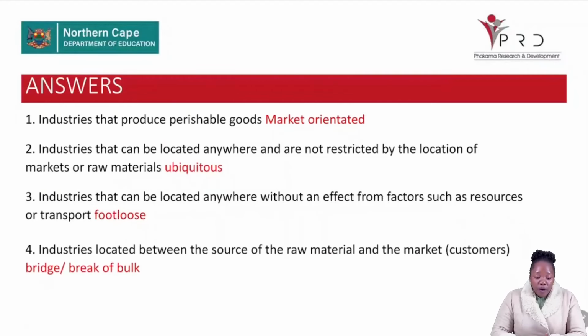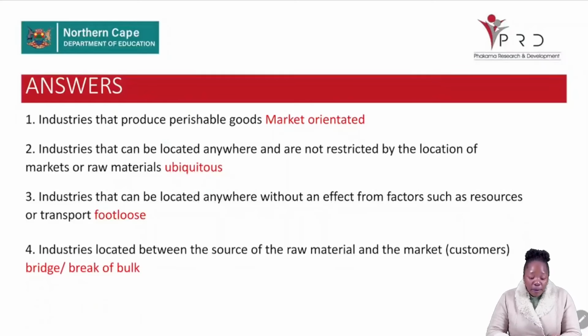Then we're looking at the 4th one, which is the industries located between the source of raw material and the market, which is the consumer. So here we are talking about the bridge or the break of bulk. Remember, we said the bridge has an alternative name, the break of bulk.